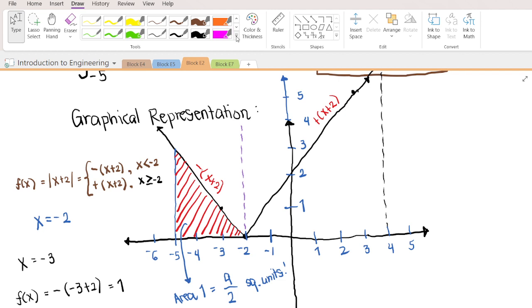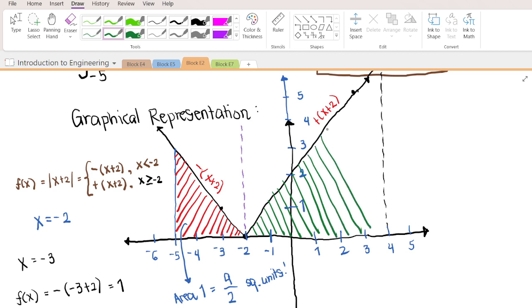So I will shade this one with a different color. Let's use green because Christmas is near. So there. This entire area here is basically equal to 18 square units. This is the second area.